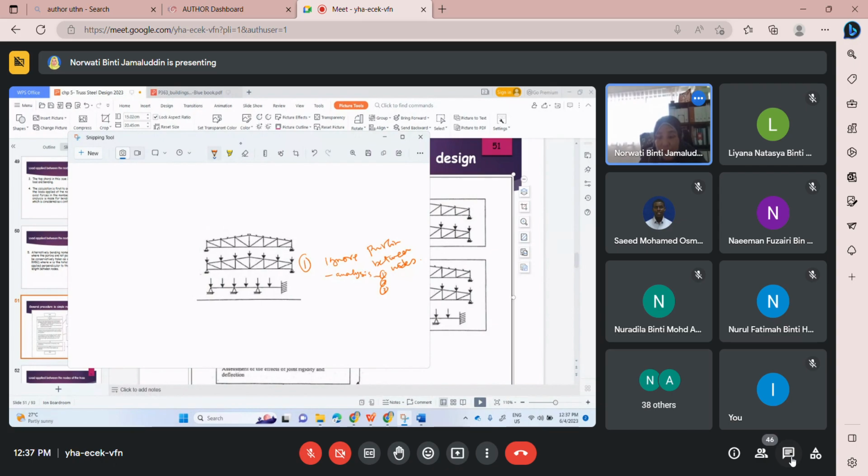The result will be in the form of axial force, can be tension, can be compression. These two types of load are known as internal forces, daya dalam anggota kekuda. Internal forces. Tulis bahasa Melayu pula.